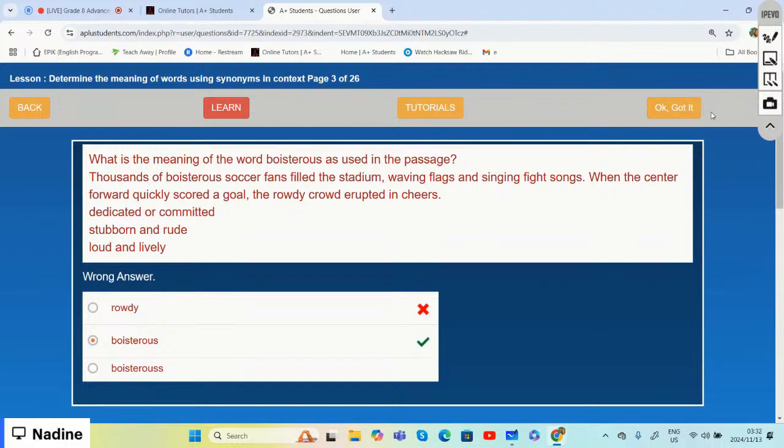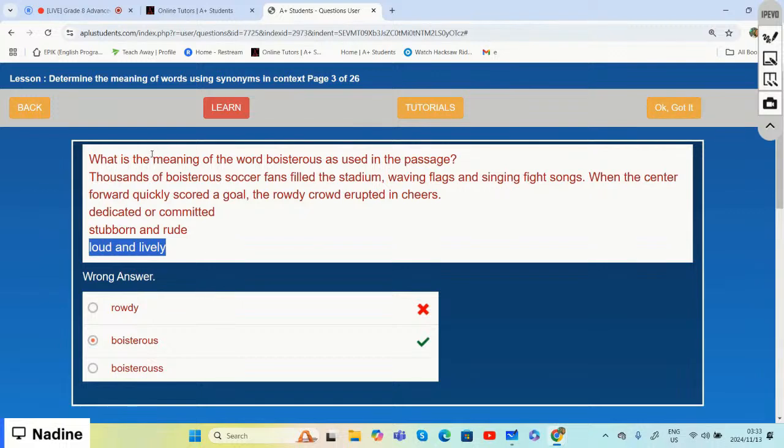Okay, so the meaning of boisterous is actually loud and lively, which is also another word for rowdy, because they specifically say they are rowdy, they are loud, they are cheerful, they are lively. Noisy, loud. That is what boisterous is.